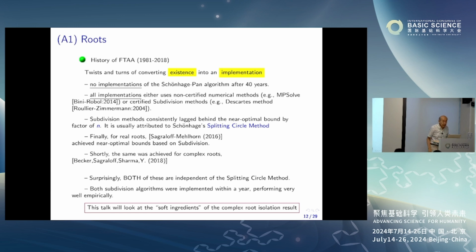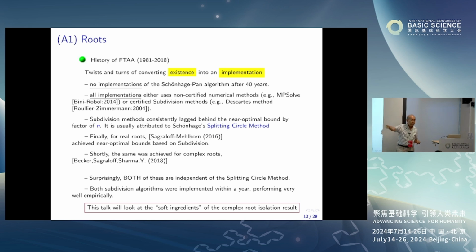So the twists and turns of FTAA from 1981. So the basic story that I want to tell is that now that we know it exists, how do we turn it into an implementation? How do we make it effective? And for a long time, it wasn't. Well, there are two classes of algorithms implemented in the real world.